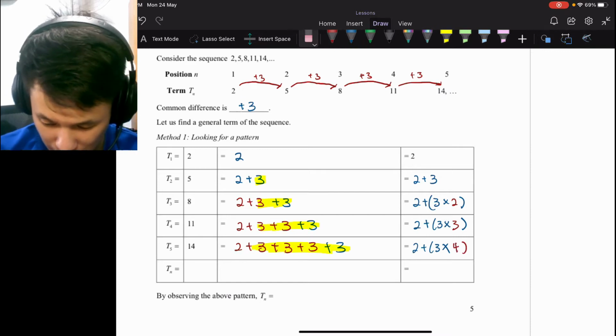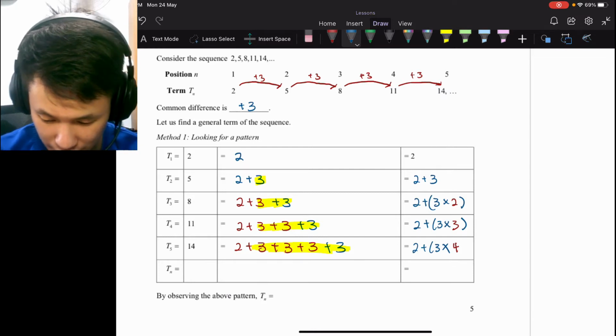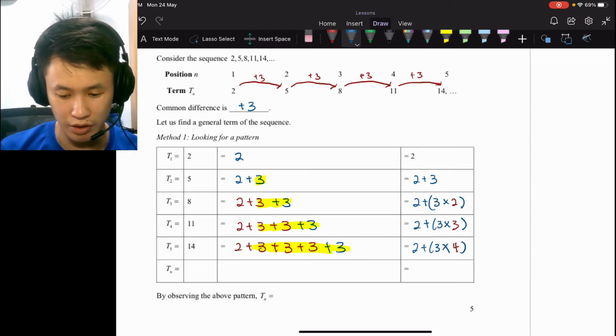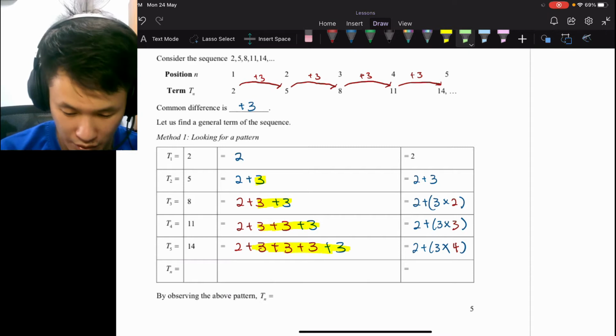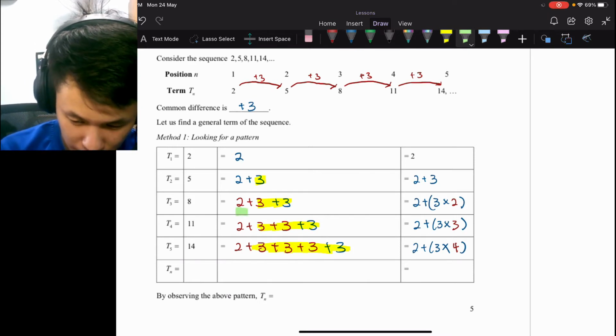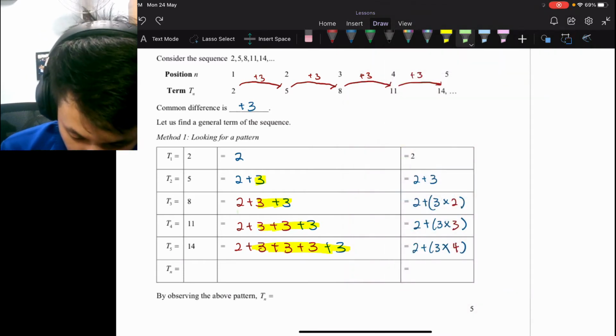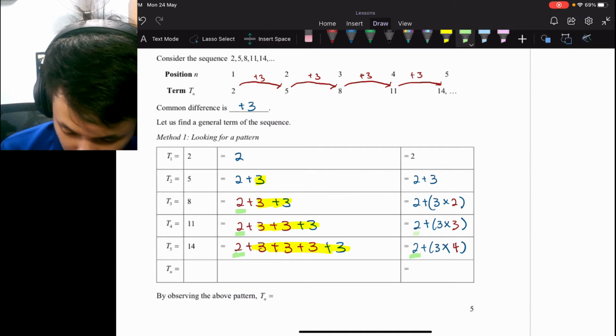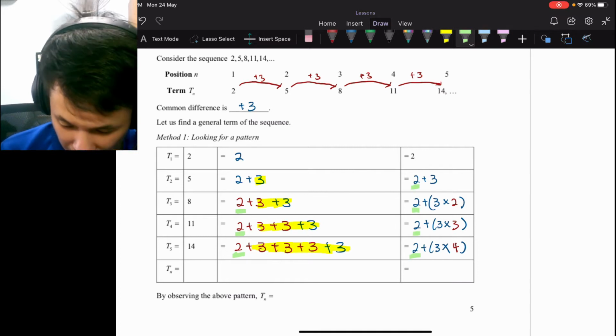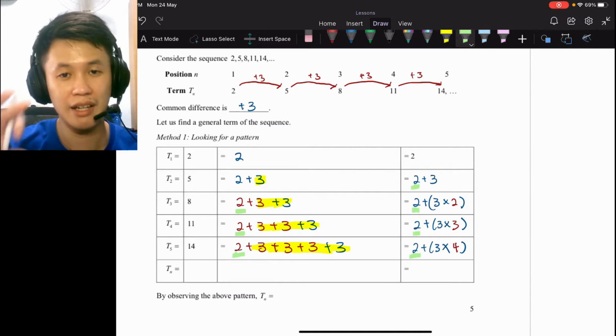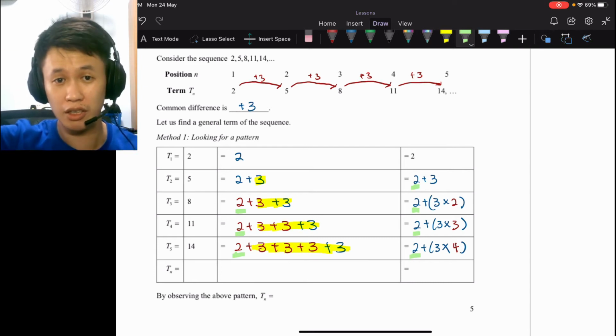Can you see there is what remains and what does not remain? The initial 2 remains, right? All these remain here, correct? What we are manipulating is all these 3's. I am rewriting the addition of 3's into multiplication. You can do that.